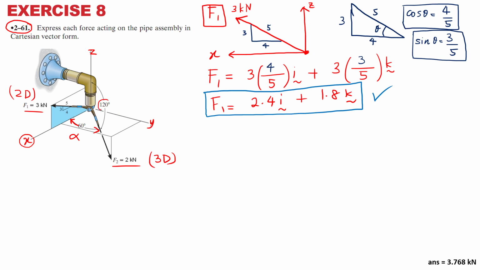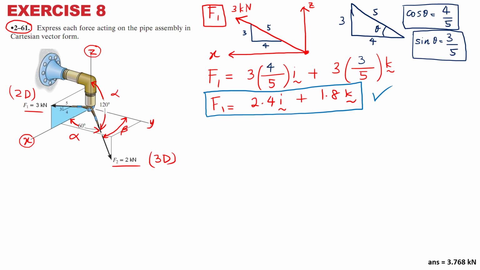This one is in reference to the Z-axis, so this is gamma. And finally, this would be beta. And beta we don't know.